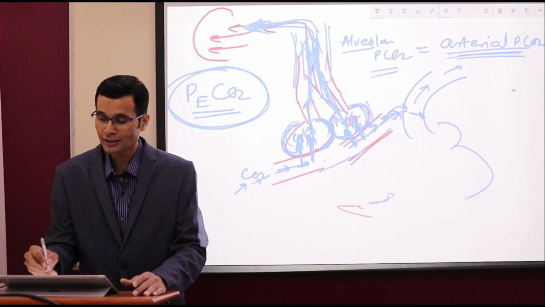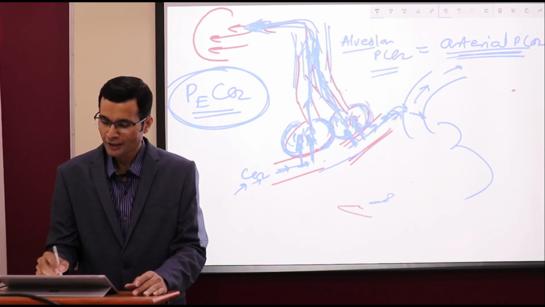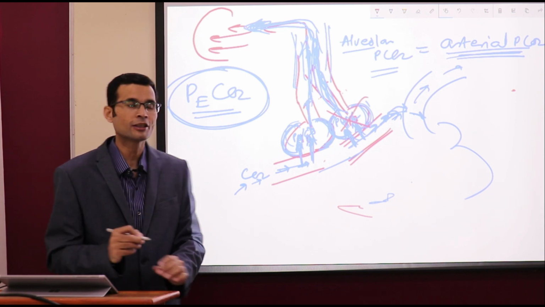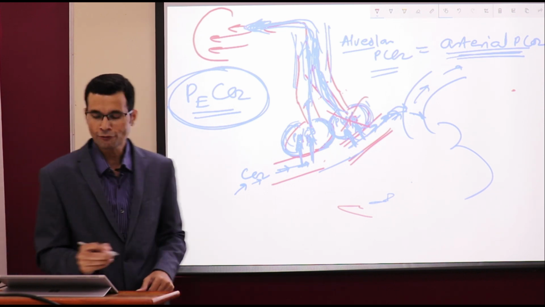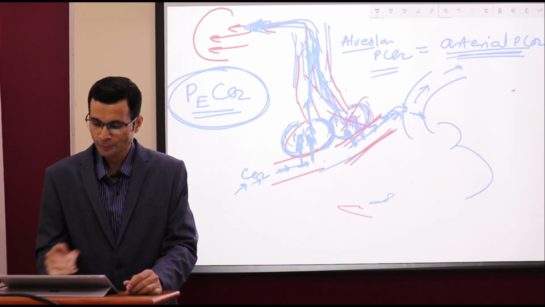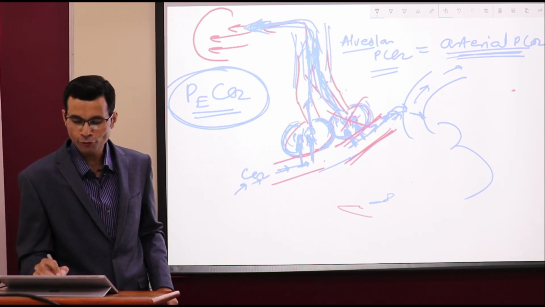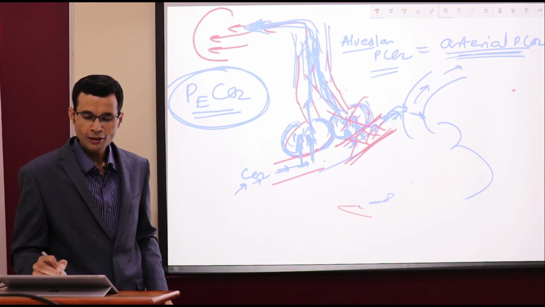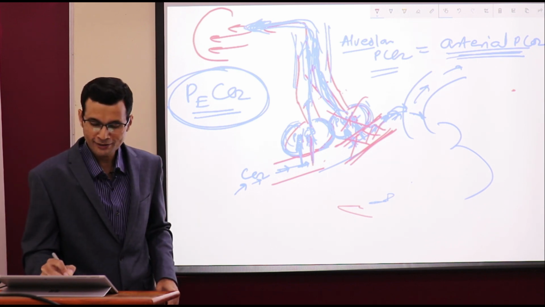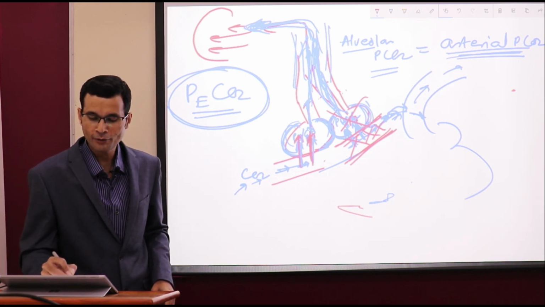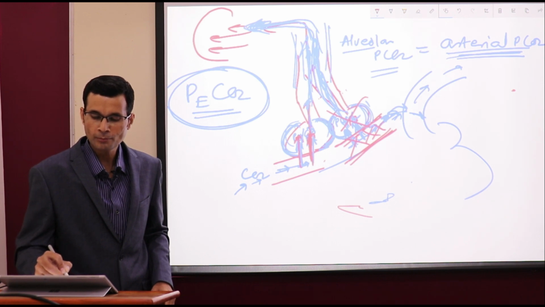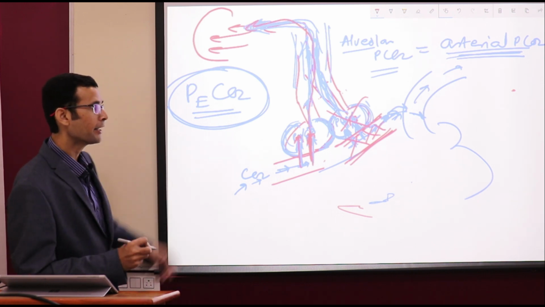And now imagine another situation whereby this alveolus is not functioning. And why is this alveolus not functioning? Because there is no blood flow to that alveolus. Second alveolus, no blood flow. So that means only this alveolus is now allowing the carbon dioxide to come through the expired air.